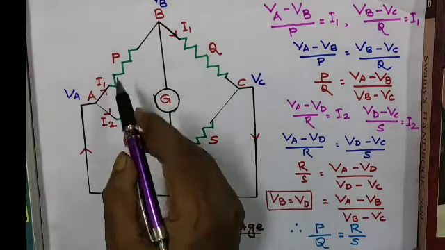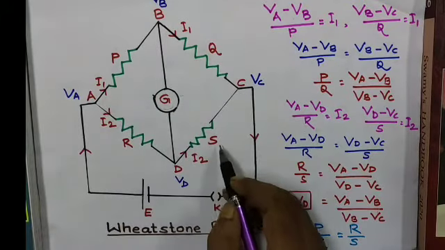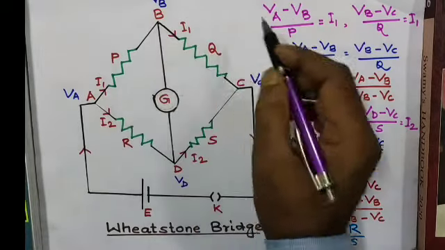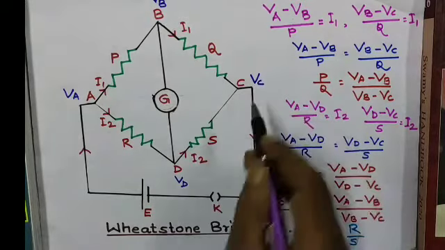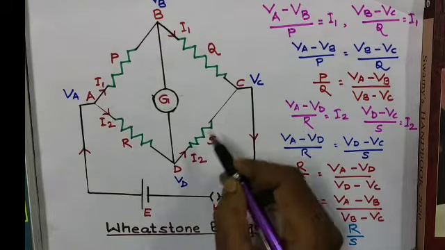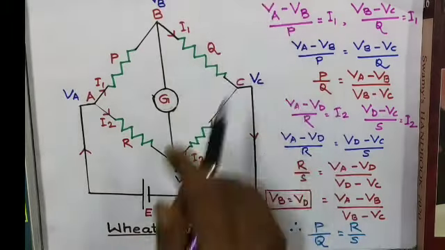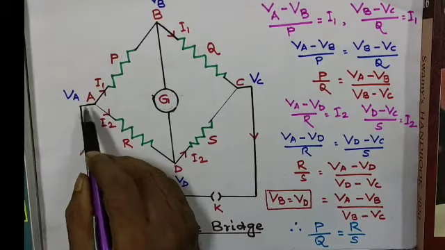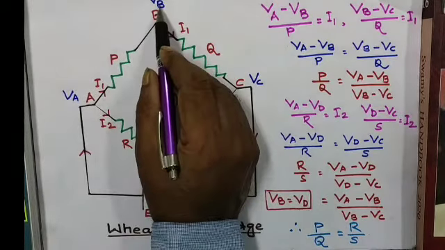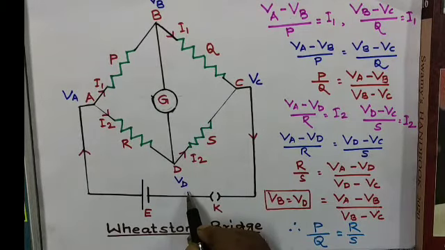We can see four resistances: P, Q, R and S. P has been fitted between points A and B, Q between B and C, R between A and D, and S between D and C. Suppose the potential of point A is VA, of B is VB, of C is VC, and of D is VD.